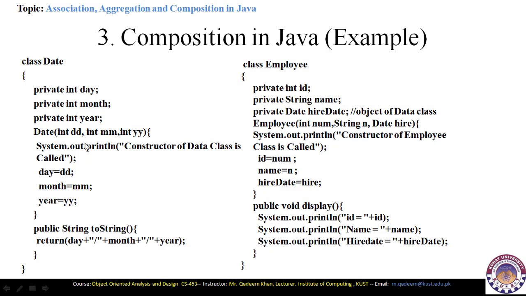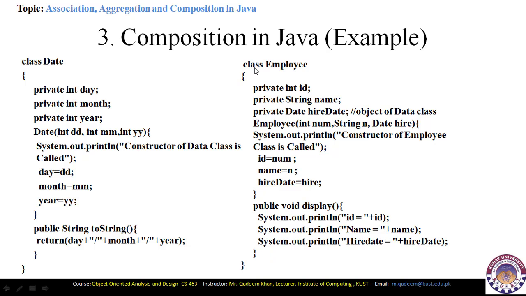When an object of the Date class is created, it calls the constructor: day is equal to d, month is equal to m, and year is equal to yy. Then a public String toString returns day plus slash plus month plus slash plus year. This is concatenation, and it converts the integers into a string.